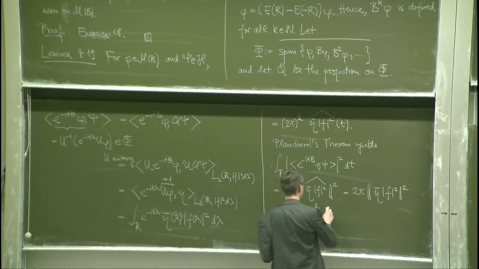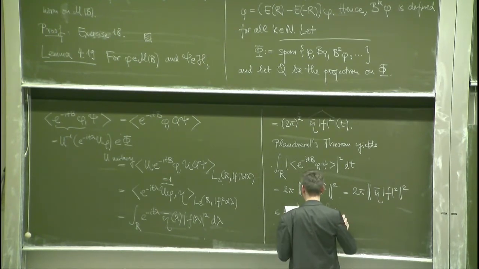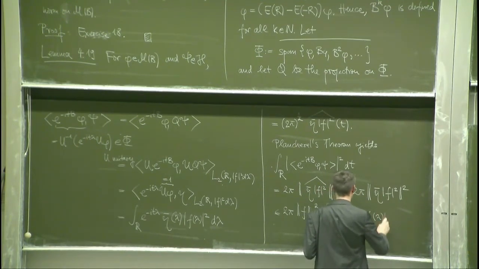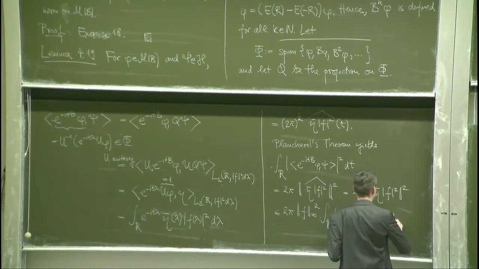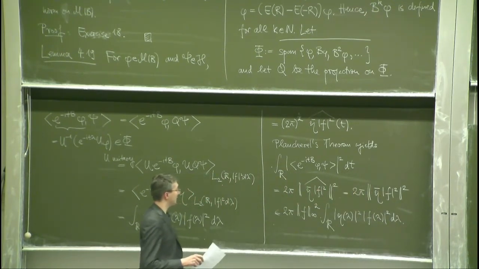And the rest is the integral over R, and then we have the absolute value of eta of lambda to the power of 2, absolute value of f of lambda to the power of 2 d lambda. Yeah, simply by the definition of this L2 norm.